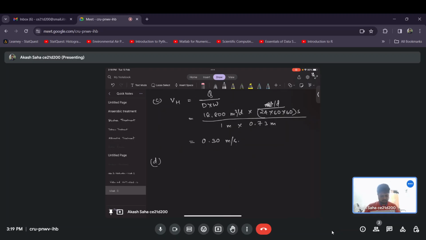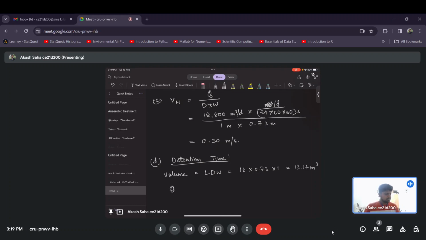And at last, we have to find out the detention time. So for that, we have to find the volume first. So volume is L into D into W. So it will be 18 into 0.73 into 1, which is equal to 13.4 meter cube.